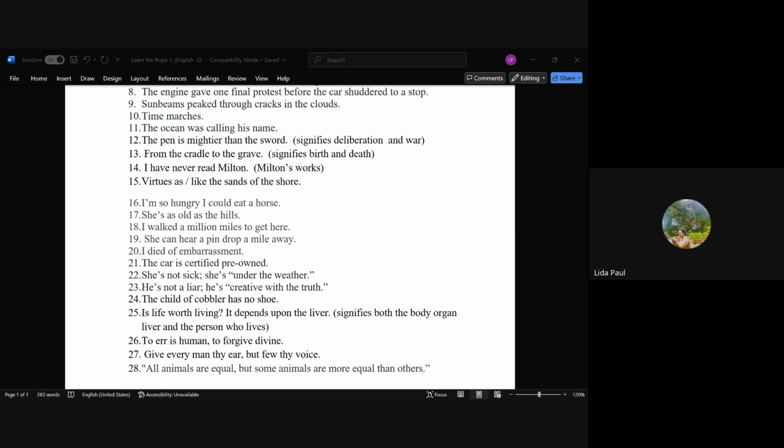Okay. Right. Now, 26th is to err is human, to forgive divine. This is, I think, from the lecture. It should be easy for you. So you see parallel grammatical structures. What were they? Antithesis, yes. So this is called an antithesis.